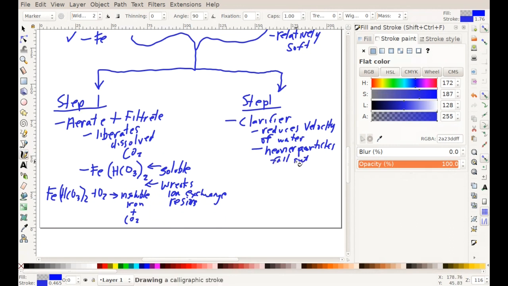But what we likely have is something called turbidity. You folks know what turbidity is? It could be color in the water, maybe taste, maybe cloudiness.